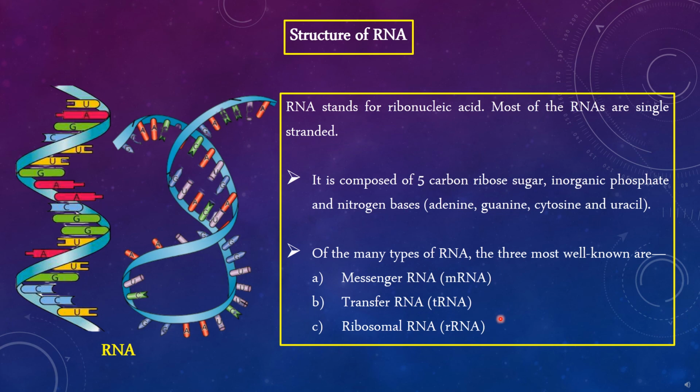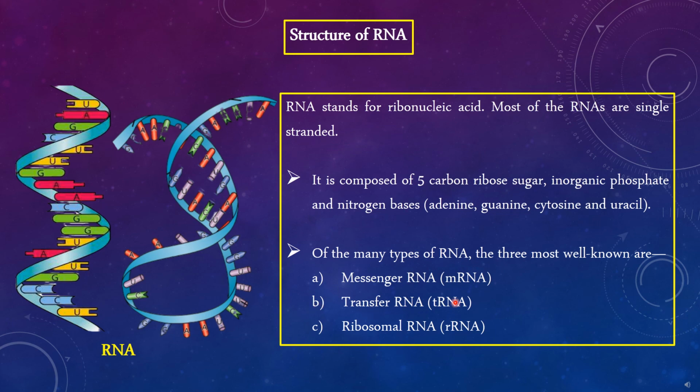RNA is also genetic or hereditary material where DNA is absent. You will get RNA as genetic material in some viruses, RNA viruses. Suppose tobacco mosaic virus is an RNA virus. There is no DNA in this virus; here RNA acts as genetic material.